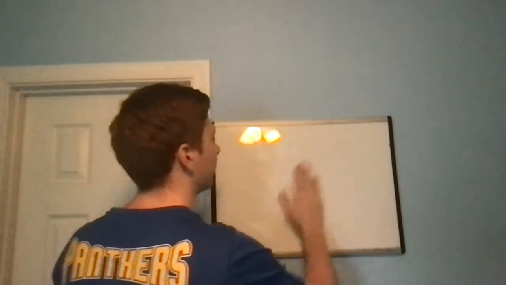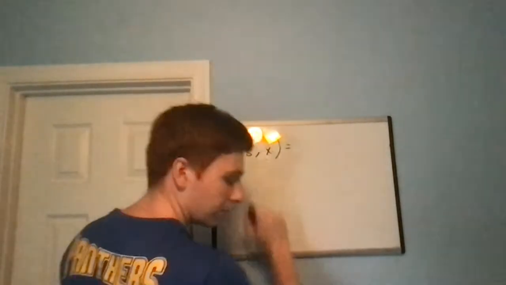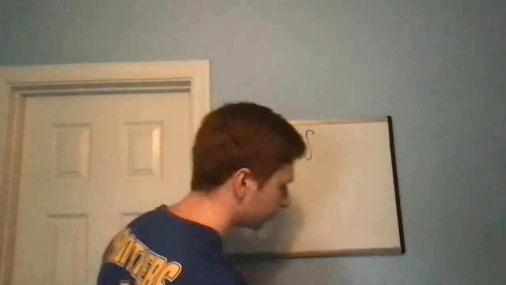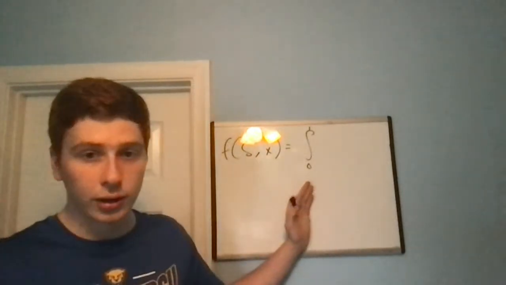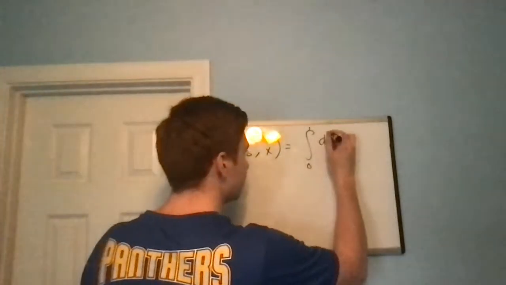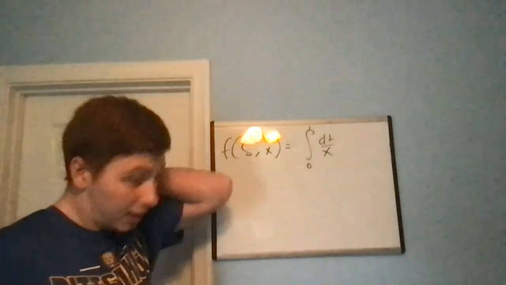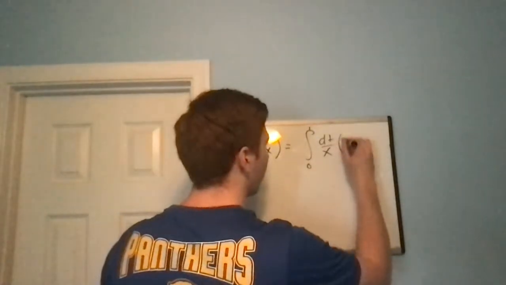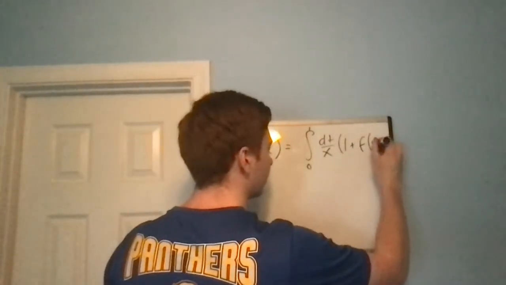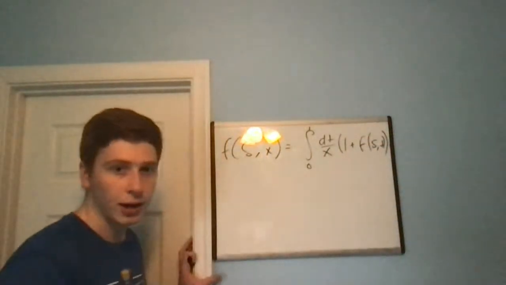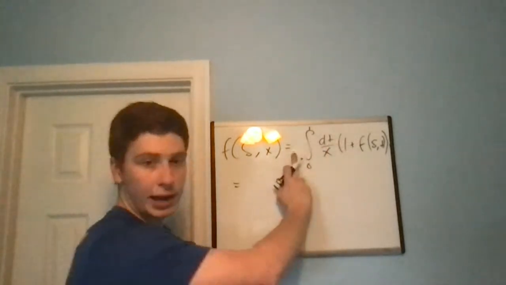So we get f of delta comma x equals the integral from 0 to 1, because x1 could be anything from 0 to 1, of dt over x, times 1 plus f of delta comma t. Then we can pull out a 1 over x.